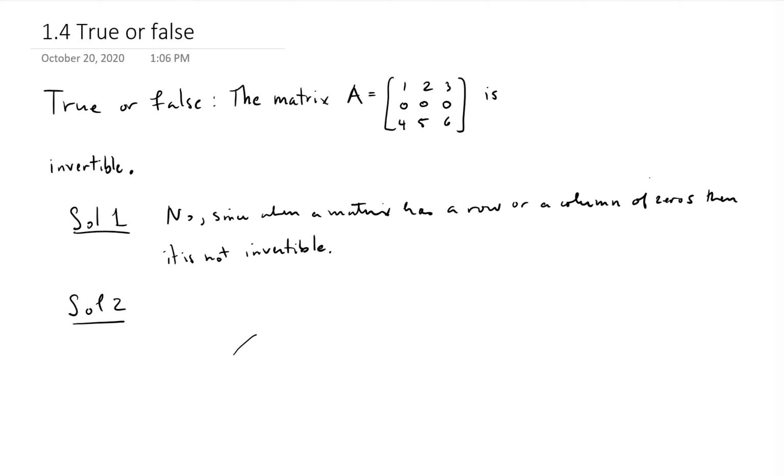To invert that transformation, if we've got T_A, we want to go back. We want to find a T_B so that if I compose T_A and T_B together, I get a transformation that does nothing.